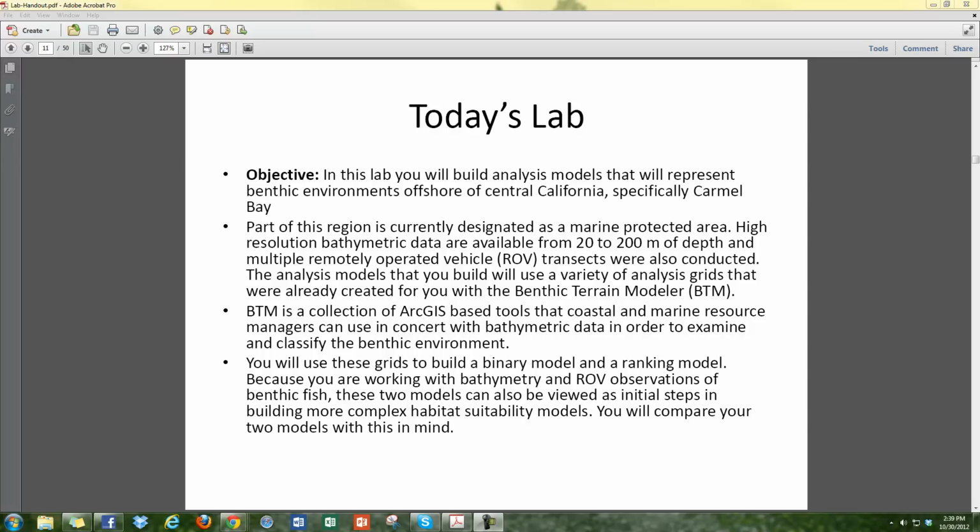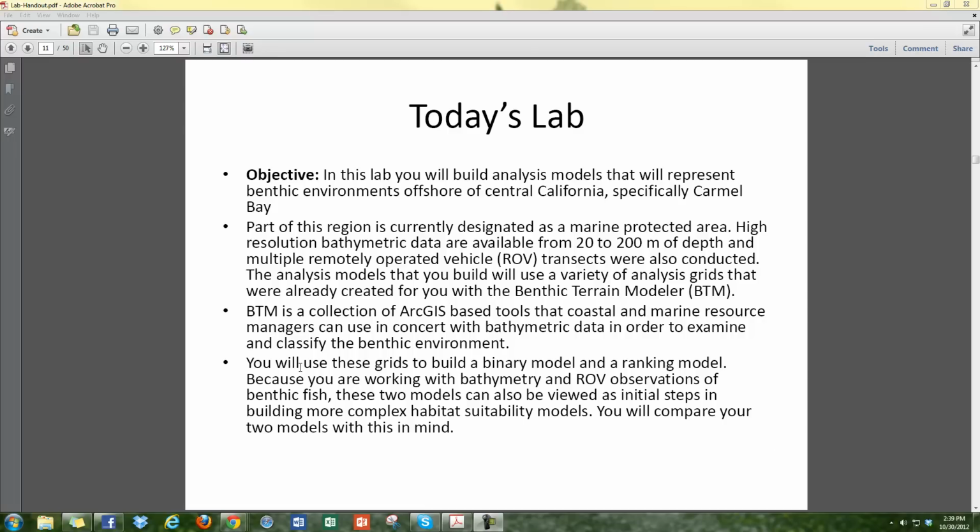There were different transects done by remotely operated vehicles that surveyed the bathymetry, and then the Benthic Terrain Modeler was used to make these different parameters that we're going to use in our model today. And of course, BTM is a collection of tools in ArcGIS that we use for marine or coastal resource managers. You can get those tools in the zip file, or you can go to the website made by OSU.